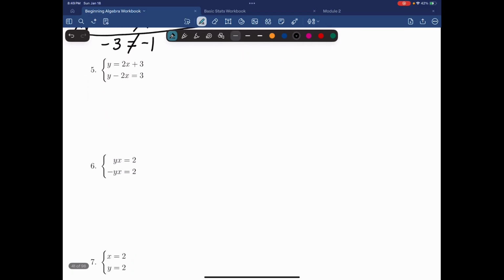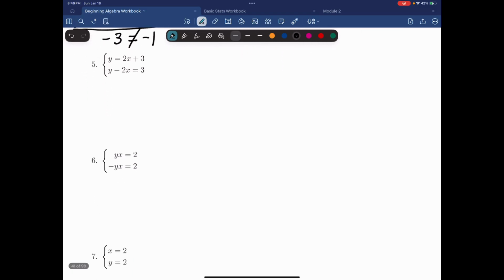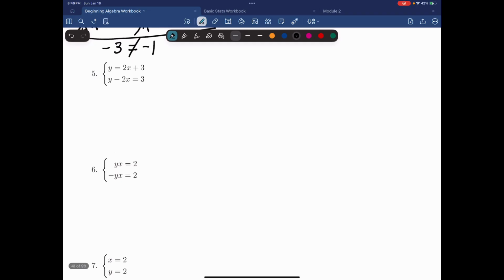All right. Looking at example number 5, we have y equals 2x plus 3 and y minus 2x equals 3. I encourage you to pause the video and try this example on your own. And assuming you've worked through it, let's go through it together. So automatically, because this first equation is set equal to y, I'm going to want to use substitution.